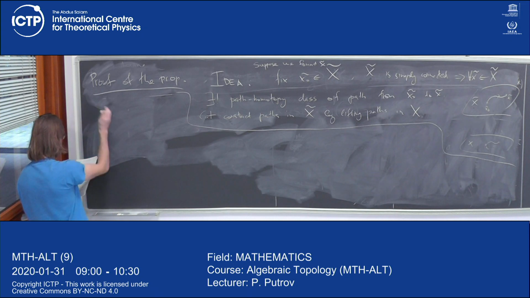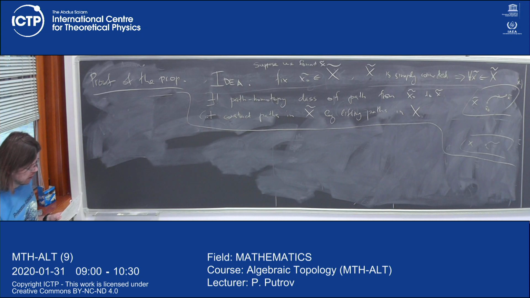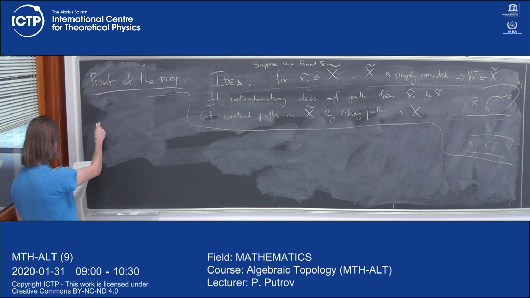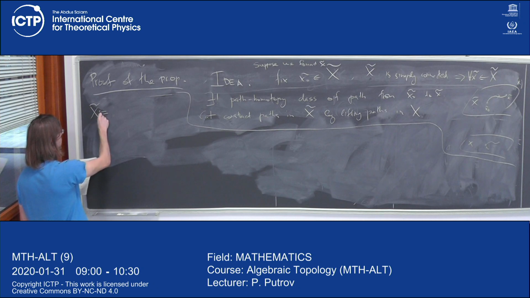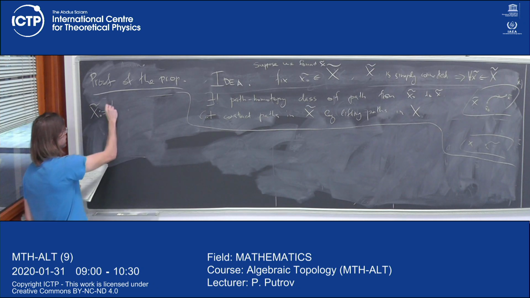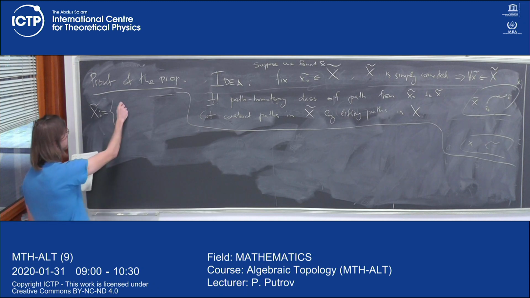Okay, this was the idea, so now we start the formal proof. Let us define a set. So far we just define X tilde as a set, but later we will need to equip it with a topology and other things.